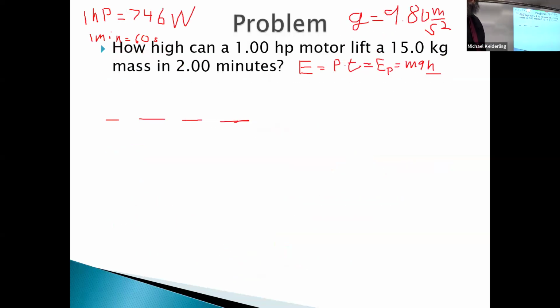So how high can a 1 horsepower motor lift a 15 kilogram mass in a time of 2 minutes?